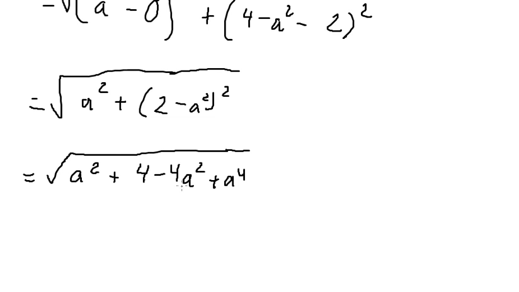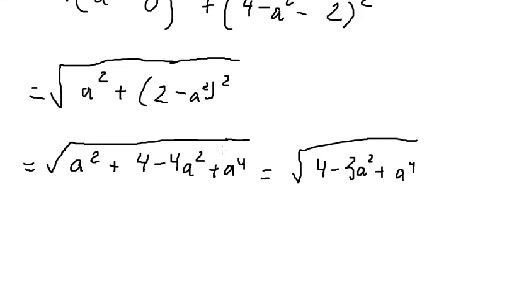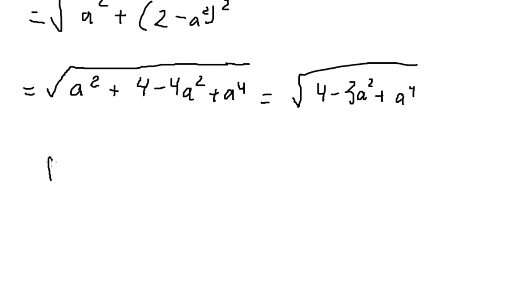So a squared minus 4a squared, we have the square root of 4 minus 3a squared plus a to the power of 4. Now, we need to concentrate on this function f of a equals this one.